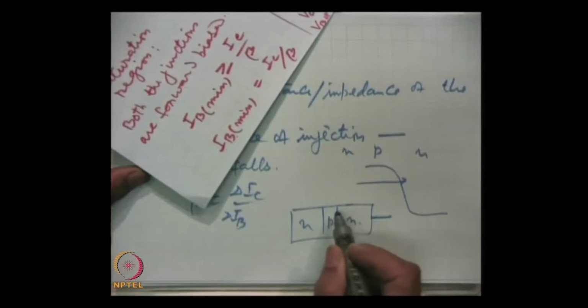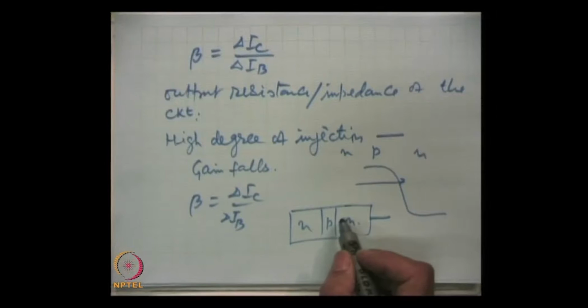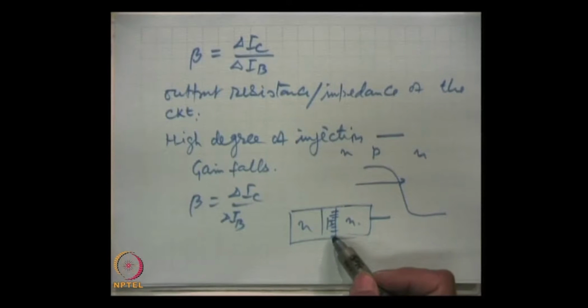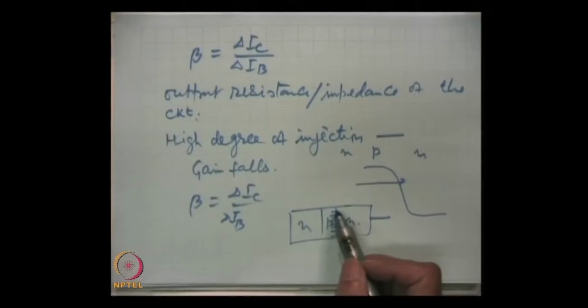This is because when we increase this reverse voltage, as I have discussed earlier, there will be a broadening of the depletion width, and because the base is very lightly doped, more penetration of the depletion region will be in the base region.